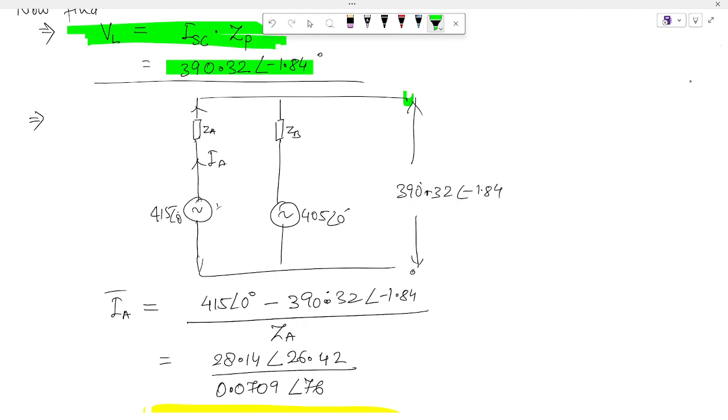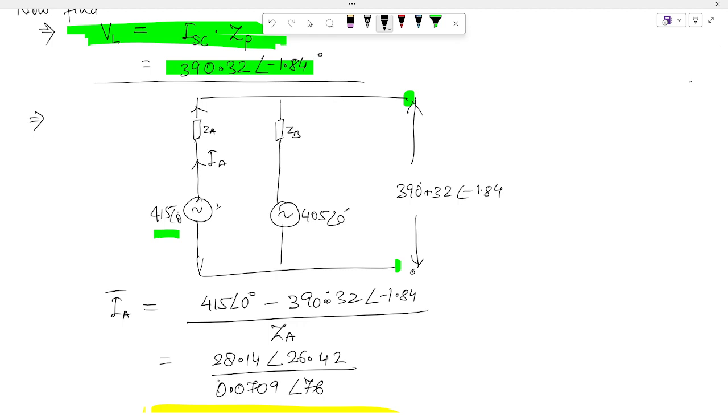We have the load voltage now. The transformer A secondary voltage is 415 angle 0. So IA is 415 angle 0 minus 390.32 angle minus 1.84, divided by ZA.